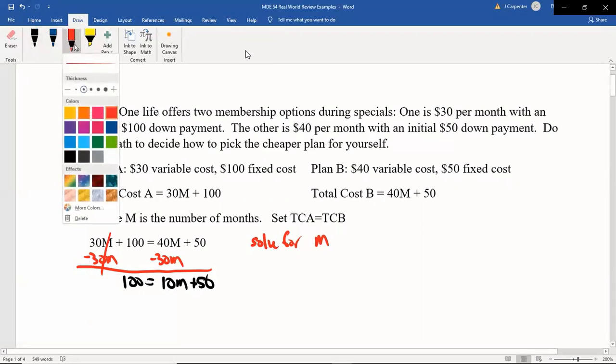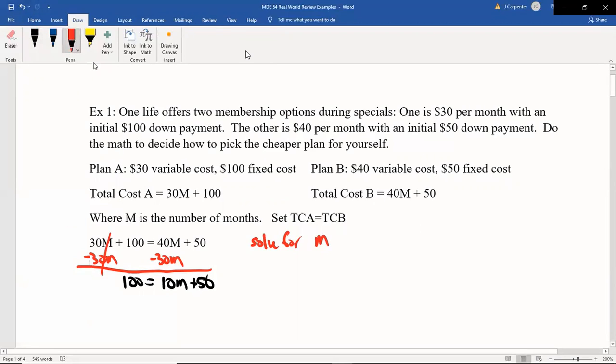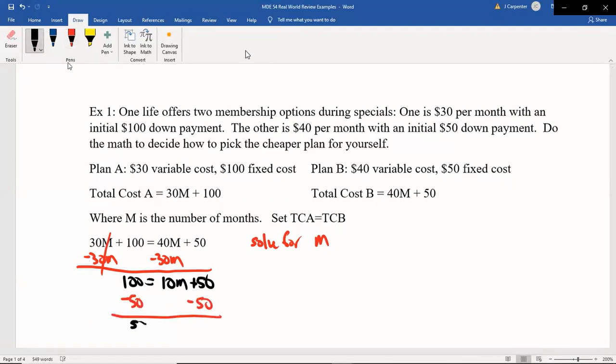Now we will subtract. We want to keep the variables all on one side and the constants on the other. So let's subtract 50 on both sides, which will give us 50 is equal to 10M. And then we're going to divide both sides by the 10. 50 divided by 10 is 5.